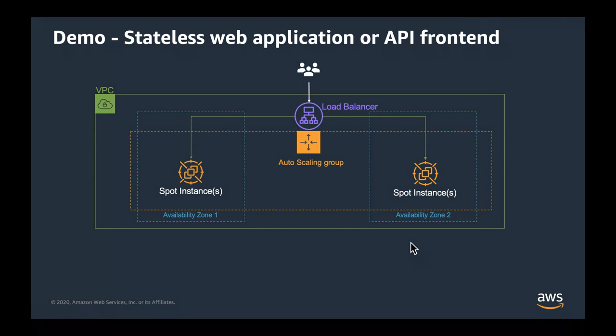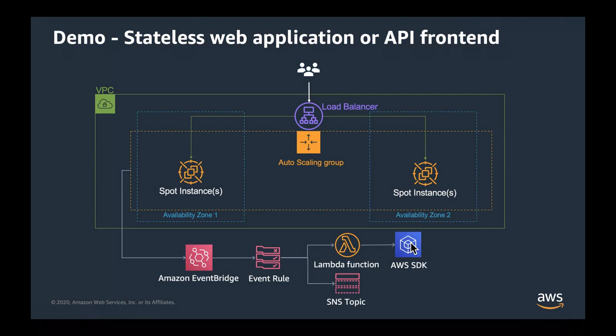I can have everything Spot, but I'll keep a little bit on-demand also to show you the difference between Spot and on-demand. Then I'll create the EventBridge by deploying the Lambda application, and it will create some rules automatically for me. Then I will do a test run and mock an interruption.